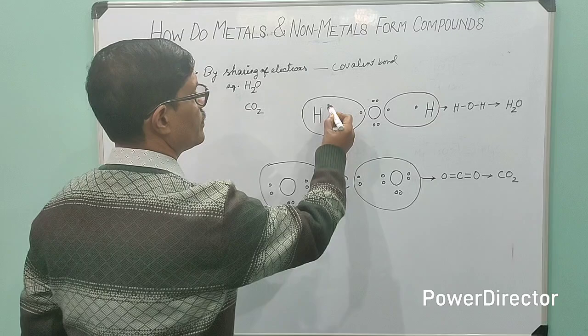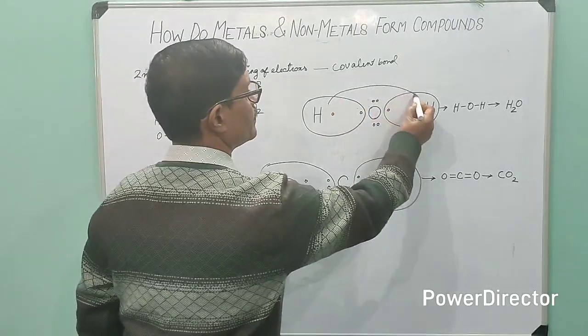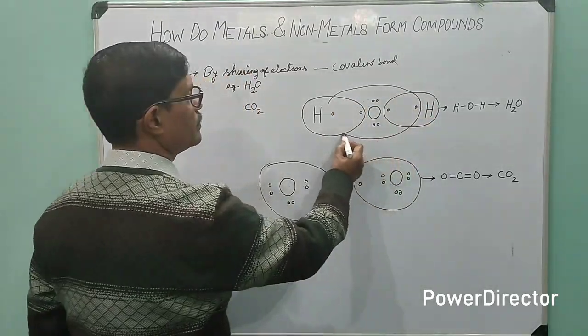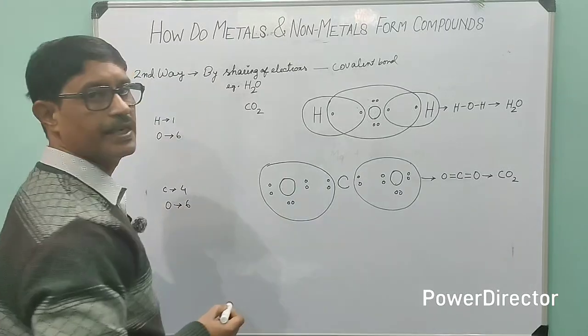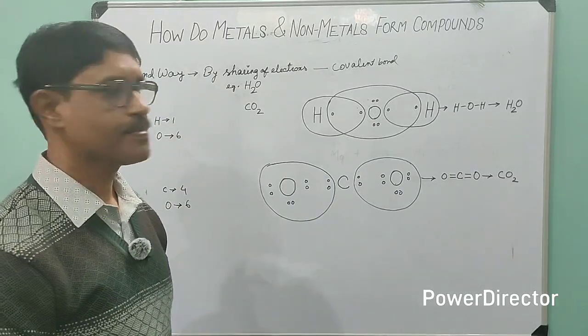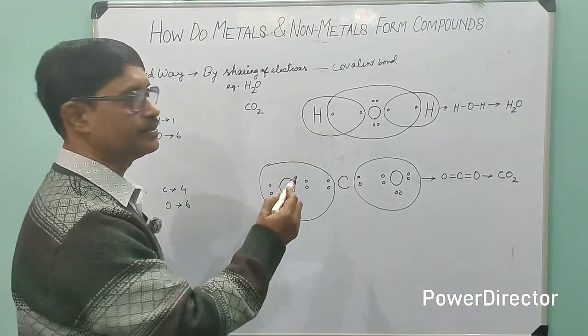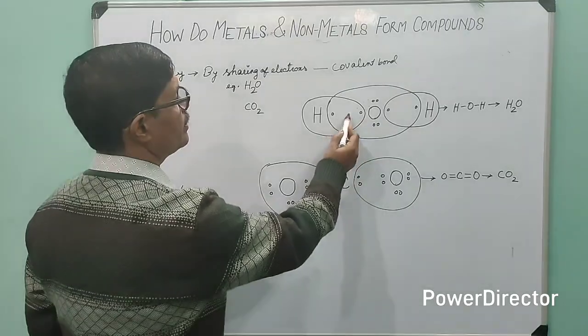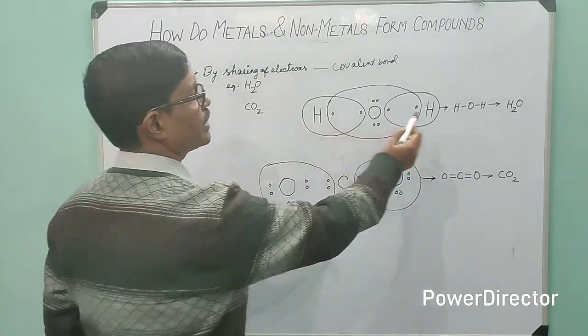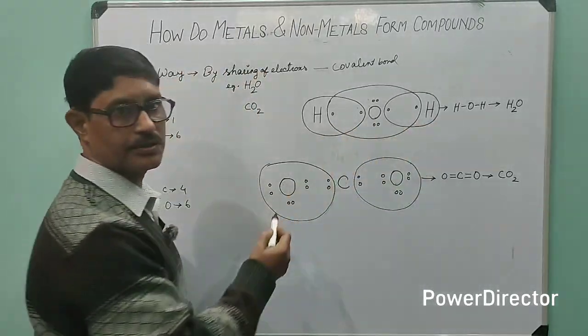In return, oxygen acquires 8 electrons in the outermost orbit, thereby forming bonds. Here, 1 pair of electrons they share, that's why there is a single bond between hydrogen and oxygen.